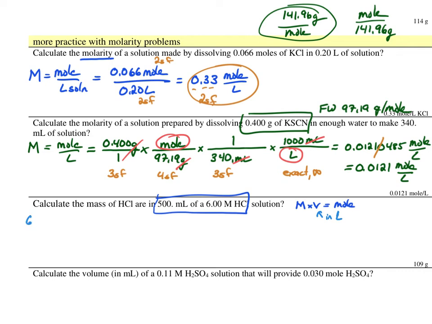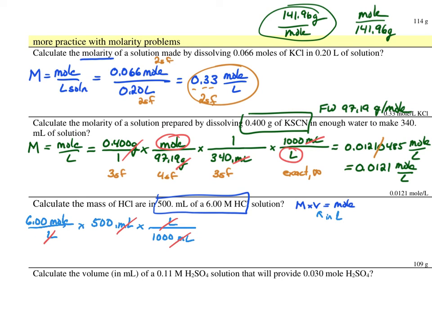So we start with 6.00 moles of HCl per liter, and let's multiply it by 500 milliliters. But we're going to have to do a conversion to liters. So if we look at our units thus far, we see units of liters cancel, units of milliliters cancel. We know how many moles of HCl we have.